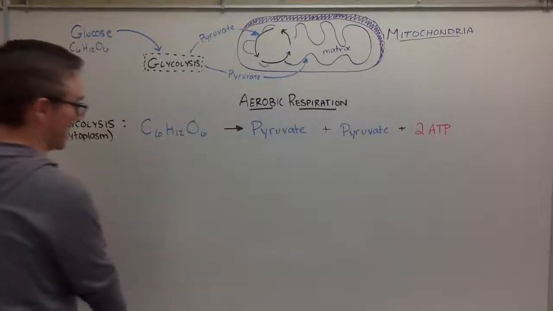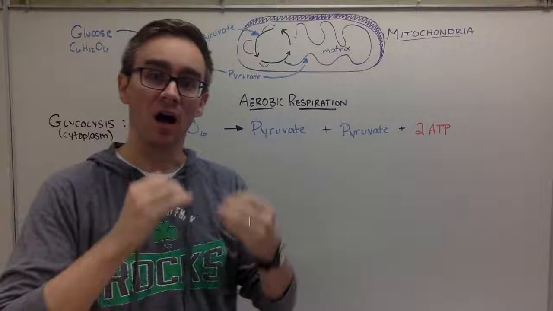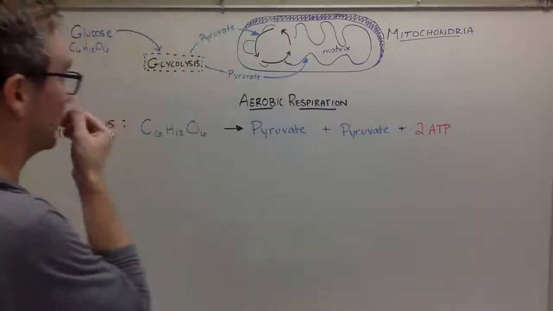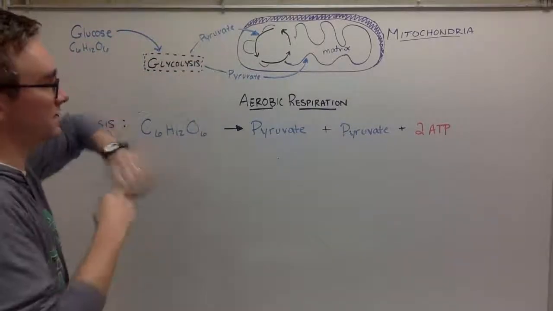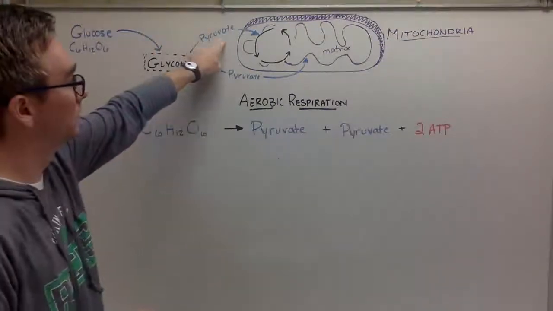All right, and so now we have our next set of reactions. We actually have 2 reactions happening at the same time in that mitochondria, because we have 2 different pyruvates. All right, let's talk about this first one right here.